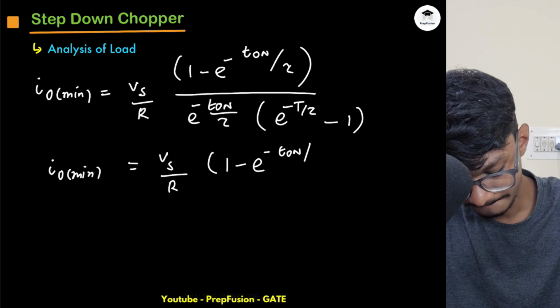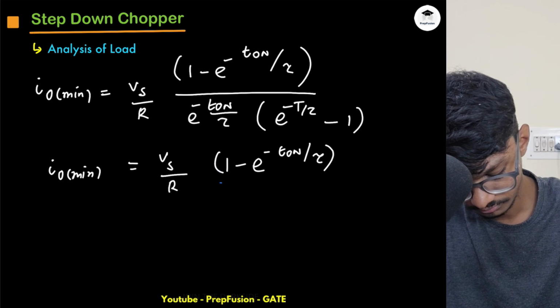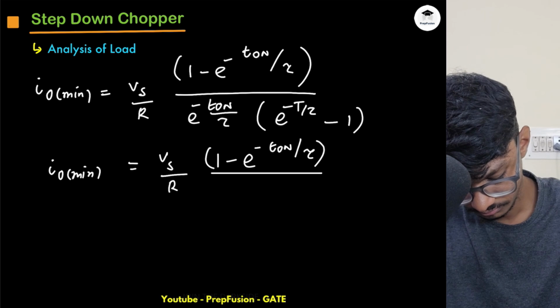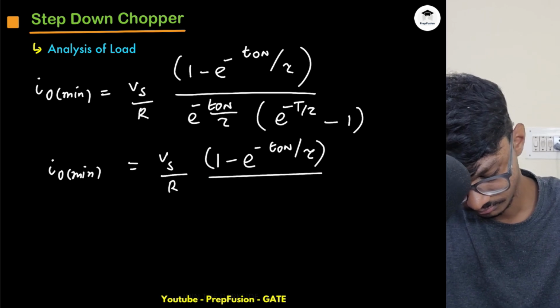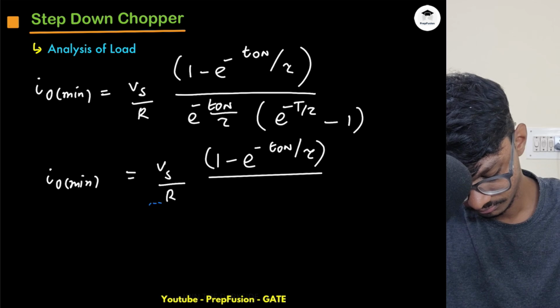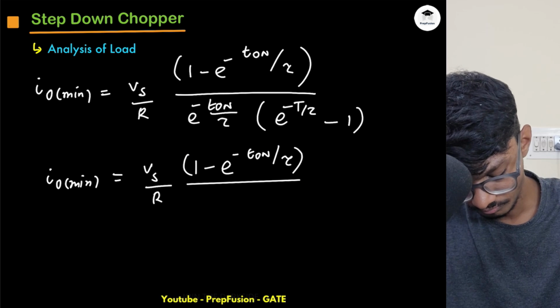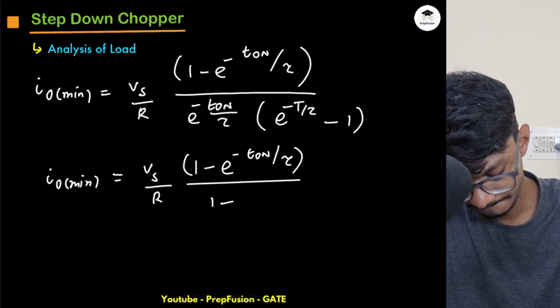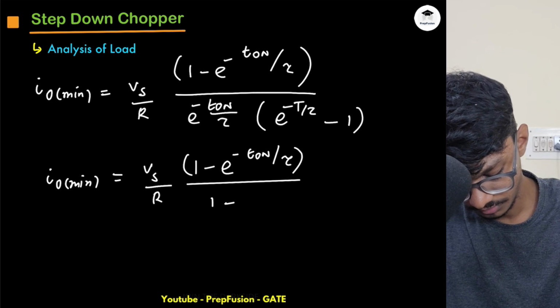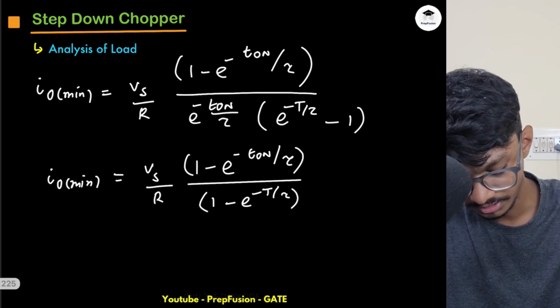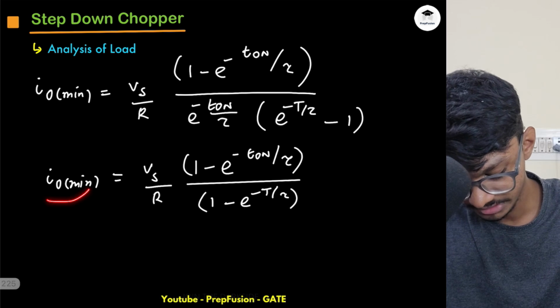Minus T1 by tau, and 1 minus e raised to power minus capital T upon tau. So this should be the expression for IO minimum.